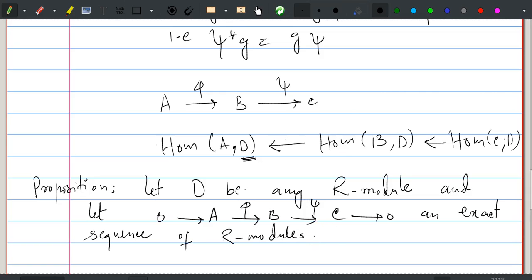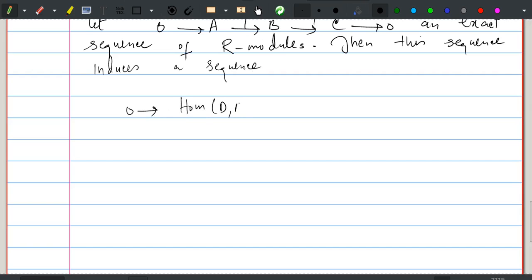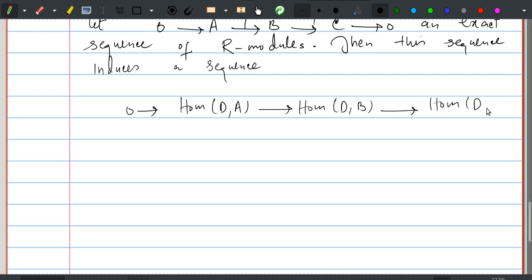Then this sequence induces a sequence: 0 goes into Hom(D, A), this goes to Hom(D, B), and Hom(D, C).